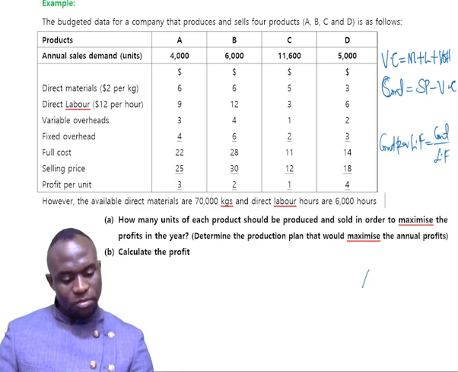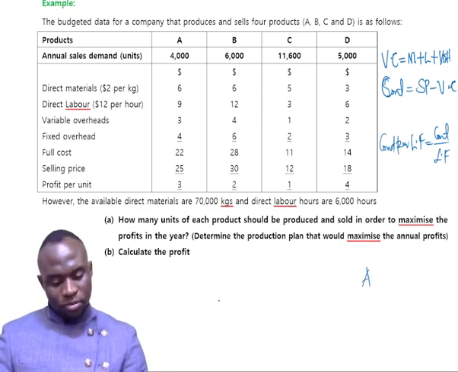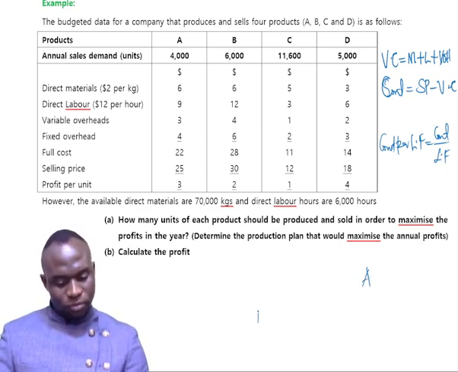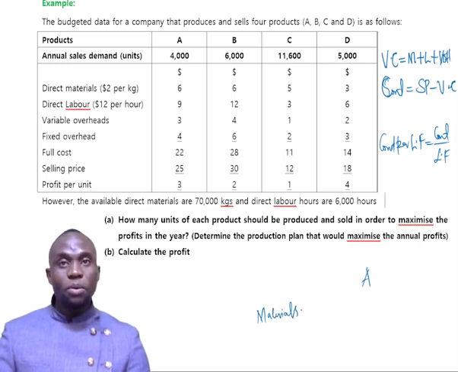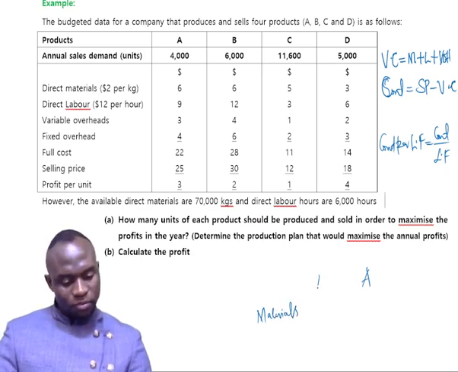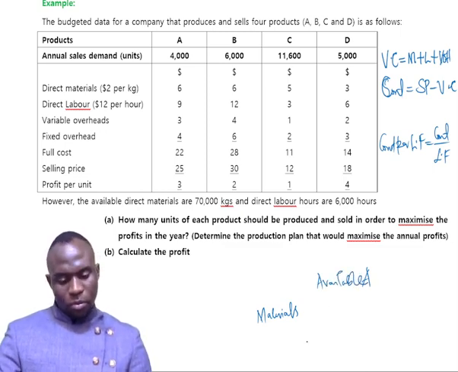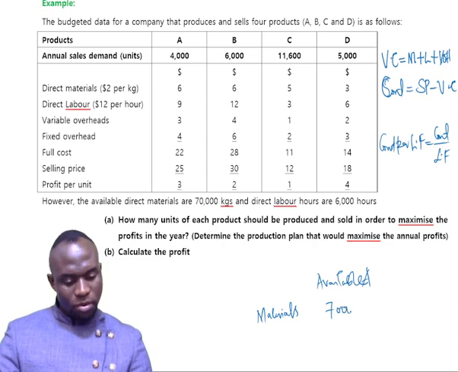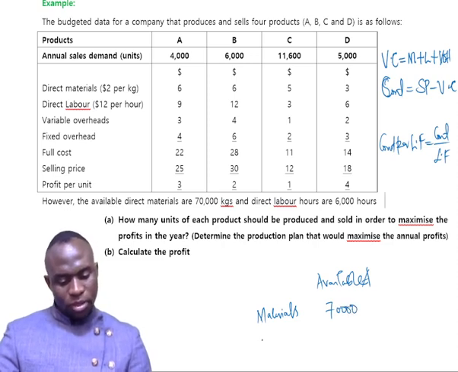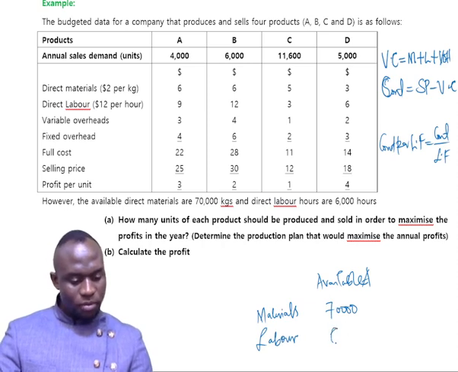So the question has given us that for materials, what is available is, we have 70,000 kilograms. Then for labor, what is available is 6,000 hours.